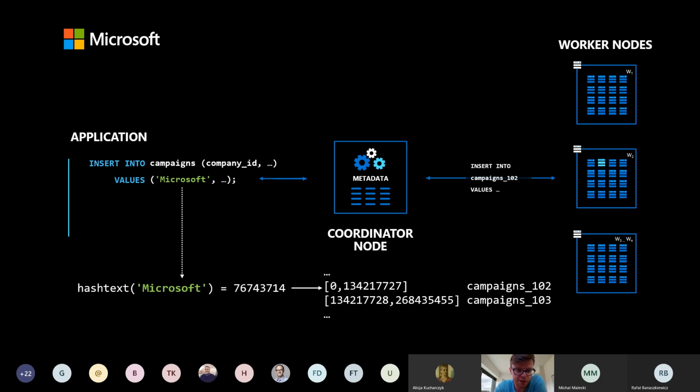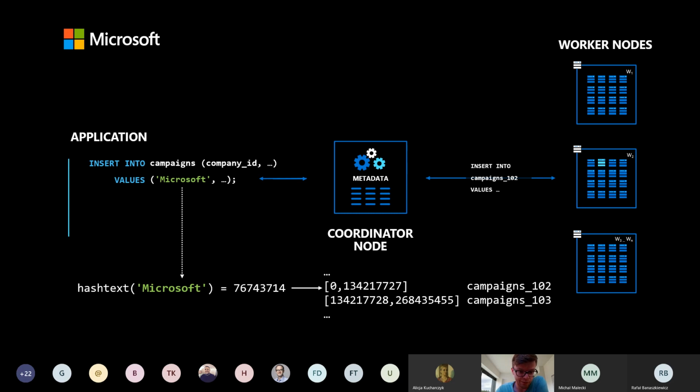And the way it picks the shard is it computes the hash of the distribution column value, out comes some integer, and this just uses all the built-in hashing functions that Postgres already has. Each shard corresponds to a different range of integers, so the shards cover the full range of all possible integers.